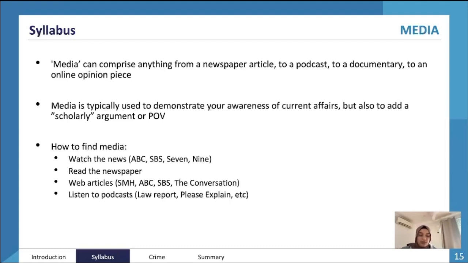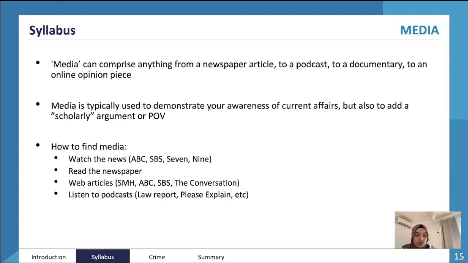This is really good also for subjects like economics, where you also need to keep up with the news, so it can be something that you can implement for other subjects as well. And listen to podcasts such as Law Report, Please Explain. I know ABC also has a couple of podcasts where they're educational. So if you're into podcasts, that can also be a way to get your daily dose of news.